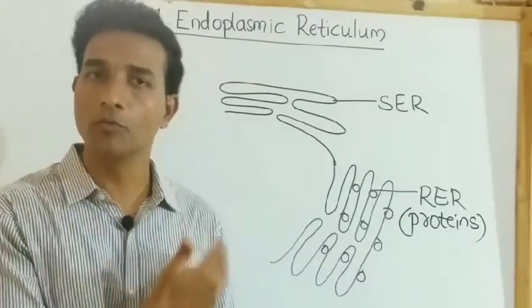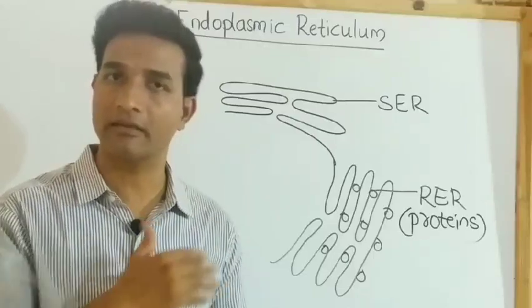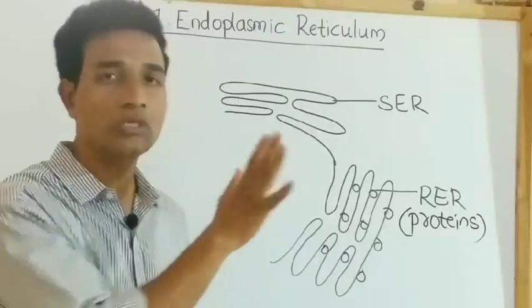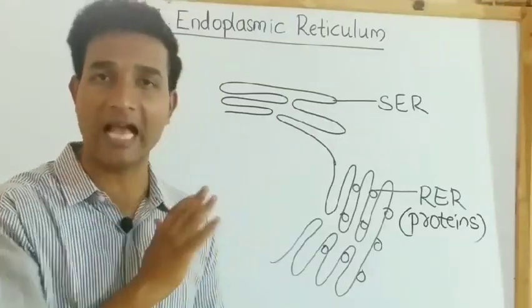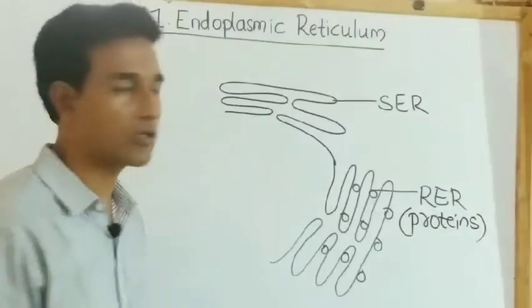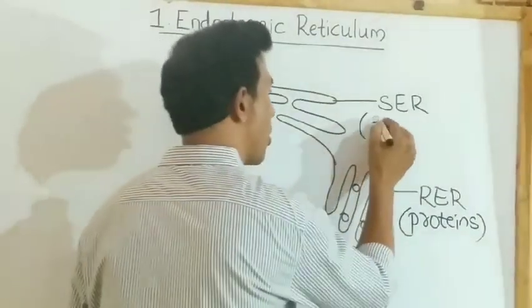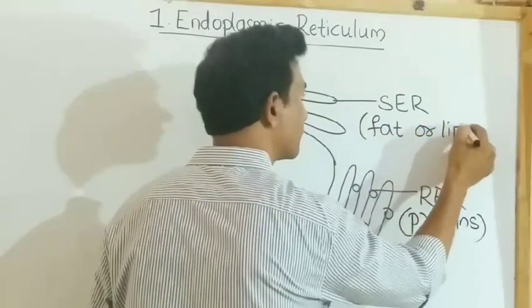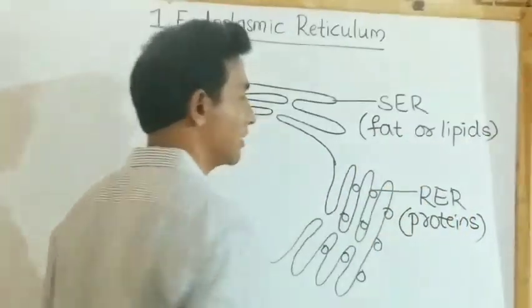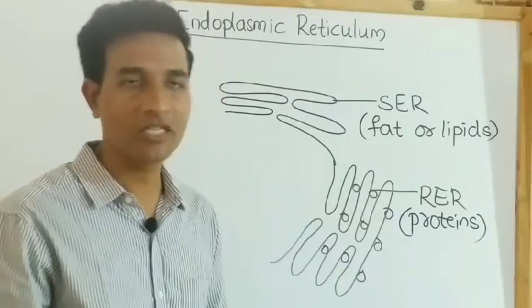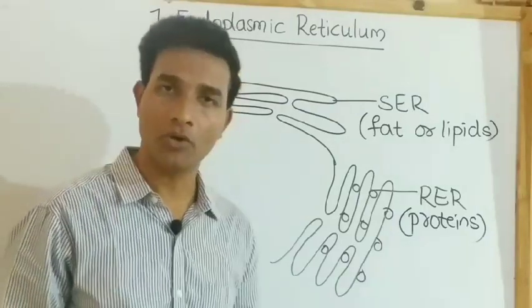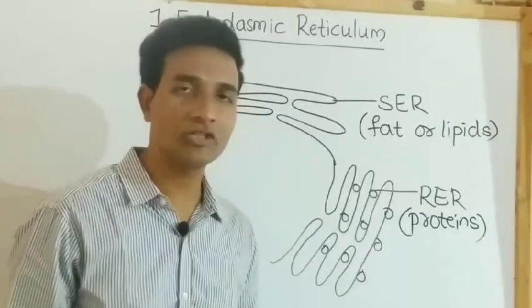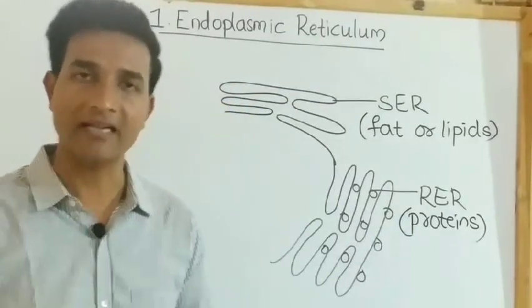When you observe smooth endoplasmic reticulum, where ribosomes are completely absent, it helps in synthesis of fat molecules or lipids. Rough endoplasmic reticulum helps in the preparation of proteins, and smooth endoplasmic reticulum helps in the preparation of fats or lipids.